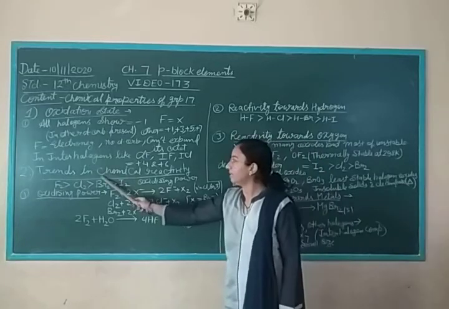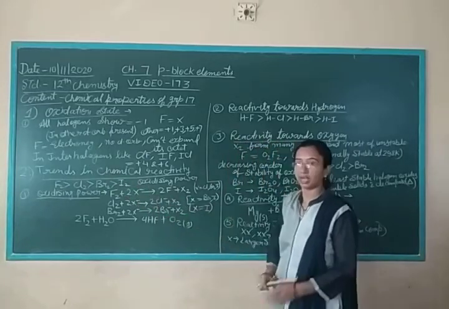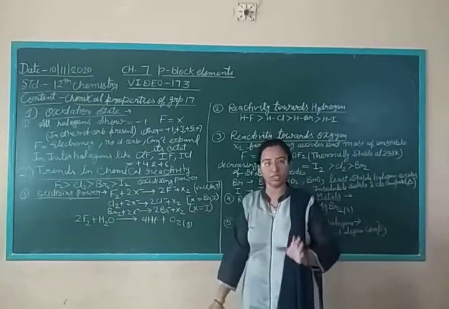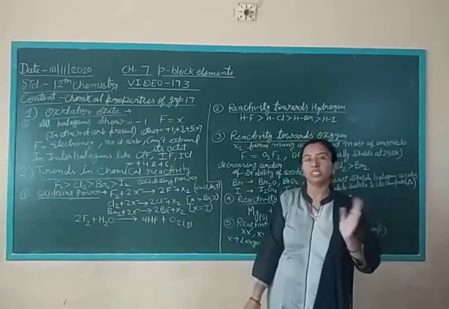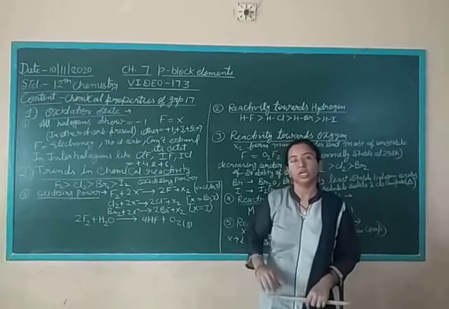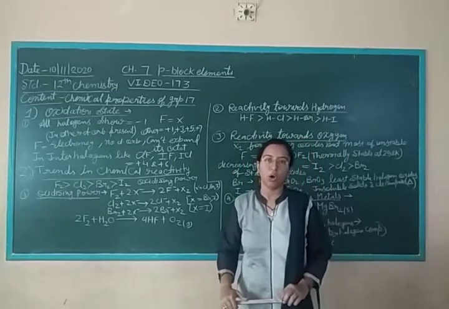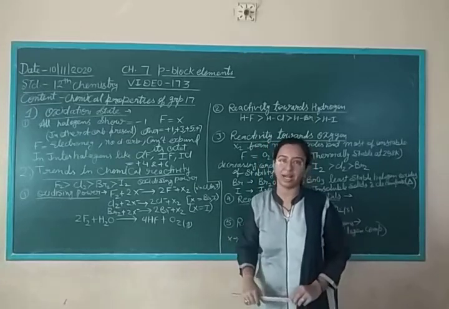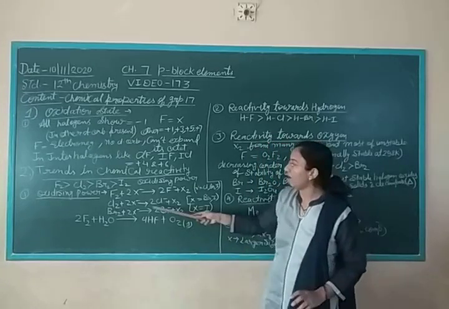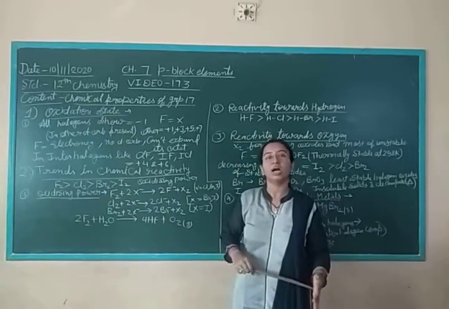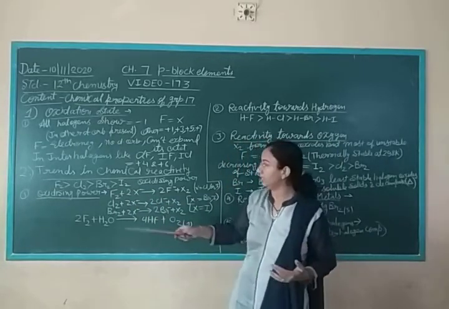Then the second one is trends in chemical reactivity. First we have to see which is more electronegative. The first element of the halogens, fluorine, is the most electronegative element, then chlorine, bromine and iodine.